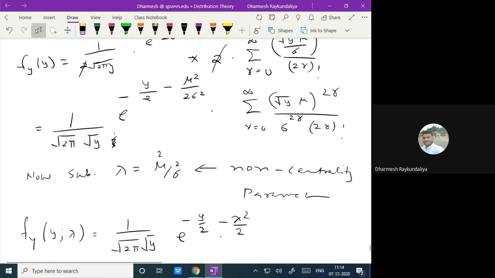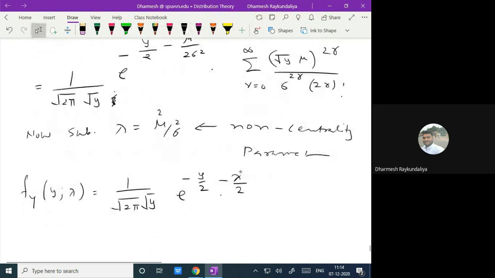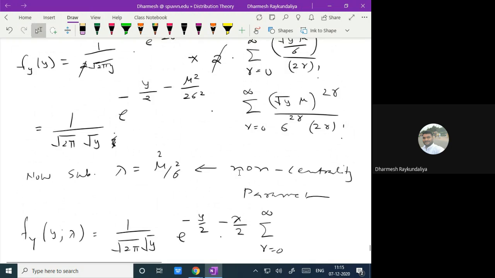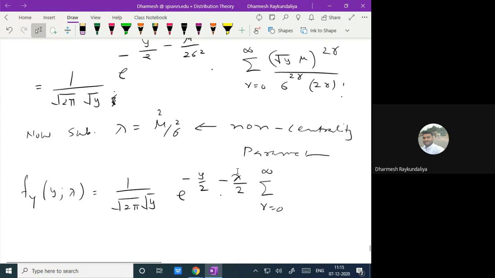So it is lambda by 2, because mu square upon sigma square is this. And what can we write here? The summation r equal to 0 to infinity. Here it is mu square upon sigma square, so it is nothing but the lambda. So it is nothing but root y into lambda raised to 2r upon 2r factorial. Not lambda raised to 2r, lambda raised to r.